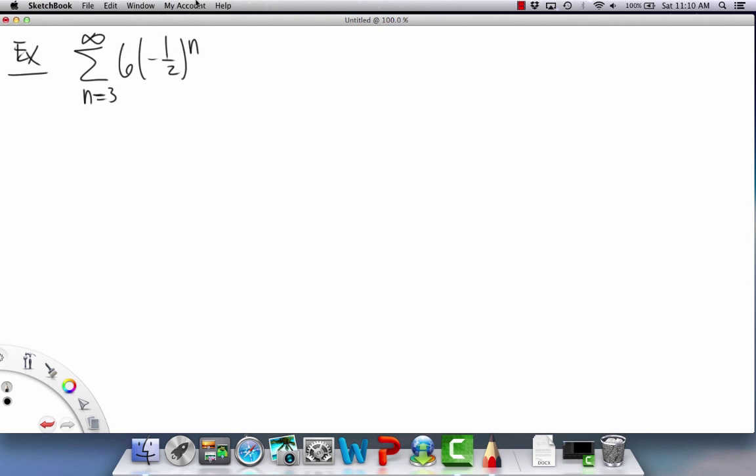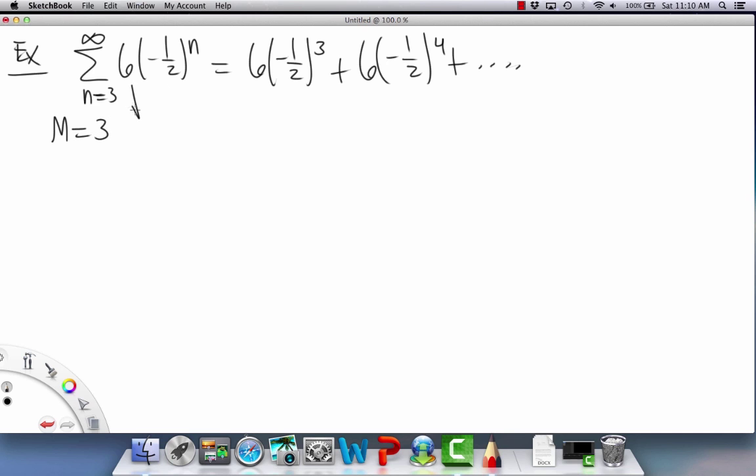If you just write it out, it would start at 3, and the next term would be to the 4th, and so on and so forth. In this case, our capital M equals 3, our C equals 6, and our R equals -1/2.